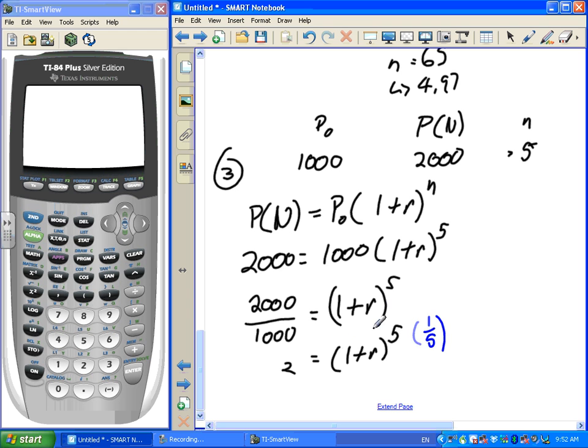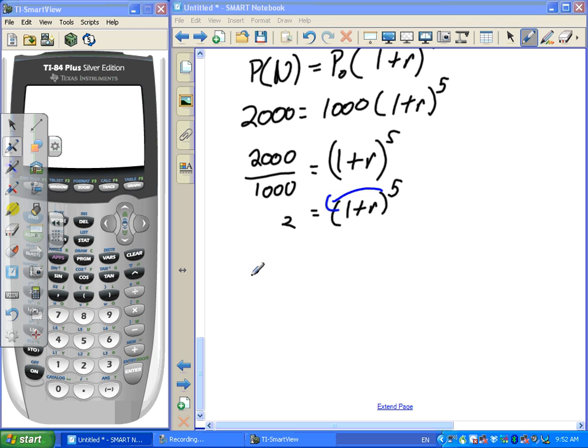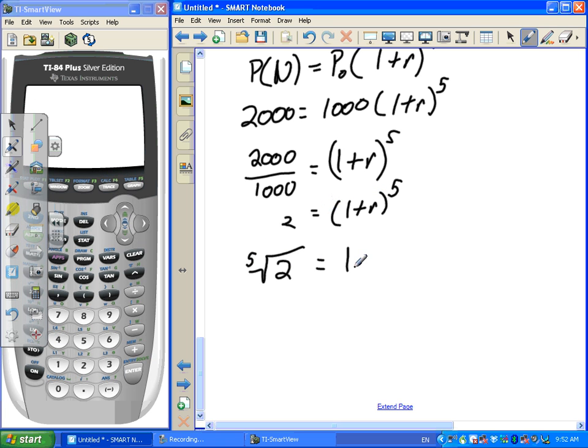So when I move the 5 to the other side, there's 2 options I'm going to get. I'm going to put both of them. I get either the 5th root of 2, if you have that option in your calculator, or 2 to the power of a 5th equals 1 plus R. Okay? You'll get the same answer. Doesn't matter what you put in.